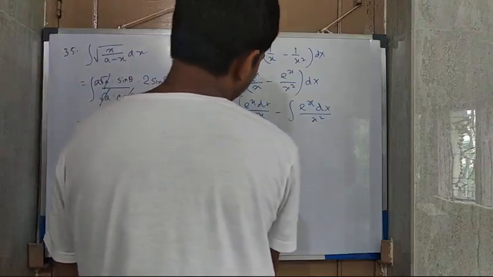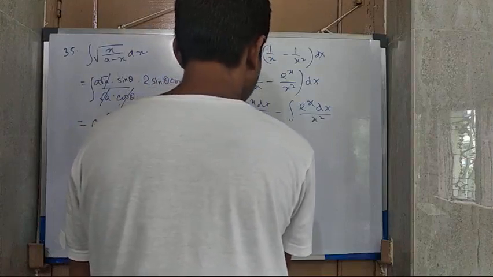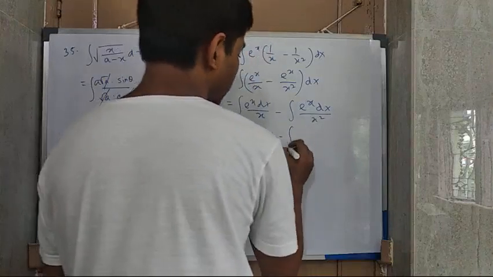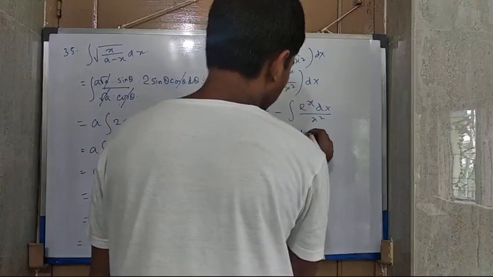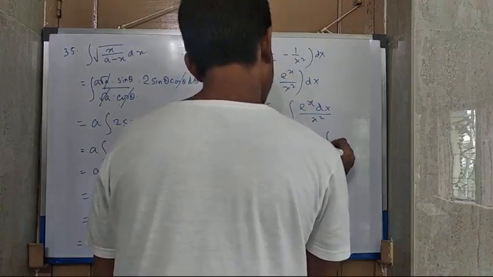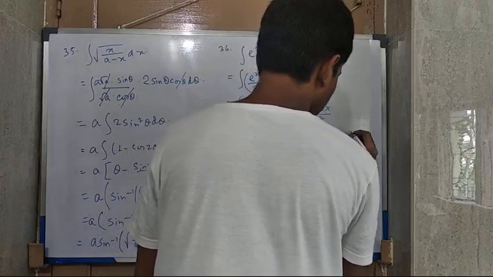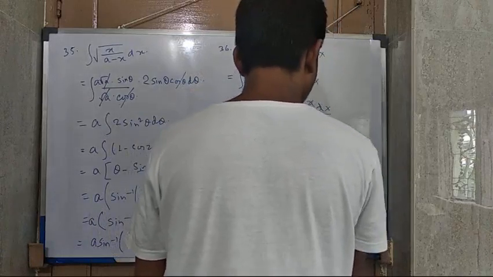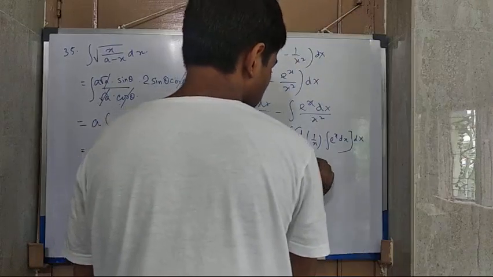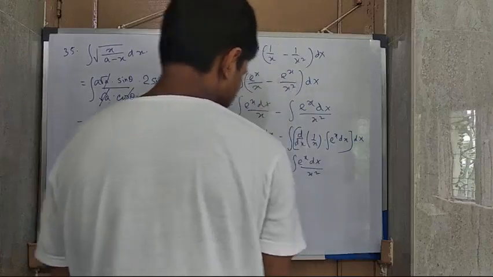So this becomes 1 by x times integral e to the power x dx, minus integral of d/dx of 1 by x times integral of e to the power x dx, times dx, minus integral of e to the power x dx by x squared.